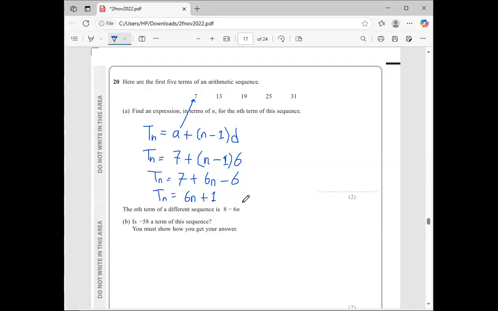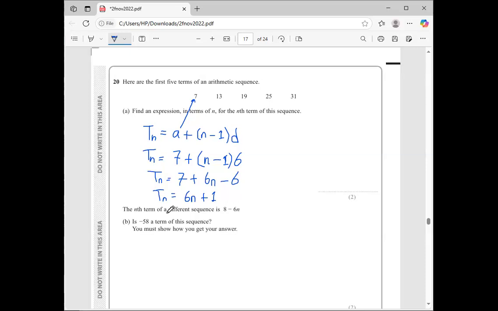Okay, so how do we verify if a number is in a particular sequence or not, if it is possible for that number to be there? It's simple. Just equate the number to that expression and see if you can get a whole number for n. Did you get what I just said? Yes. Okay. All right.